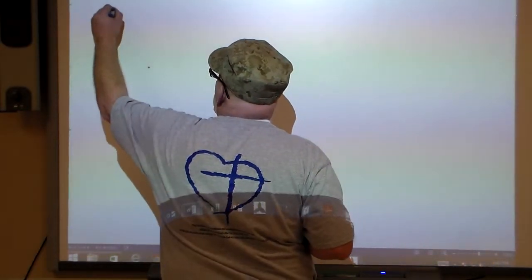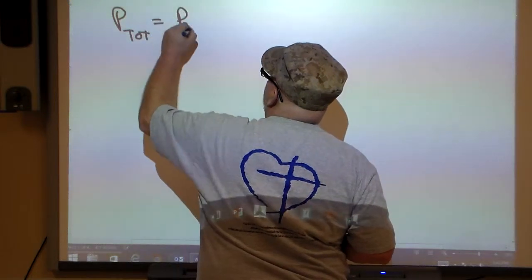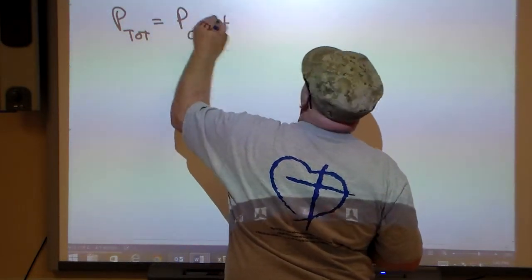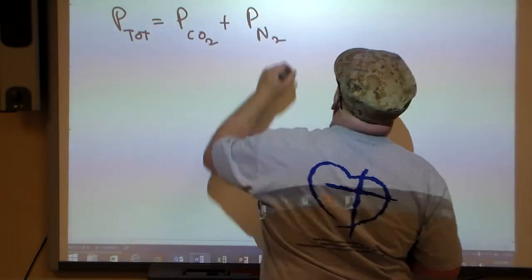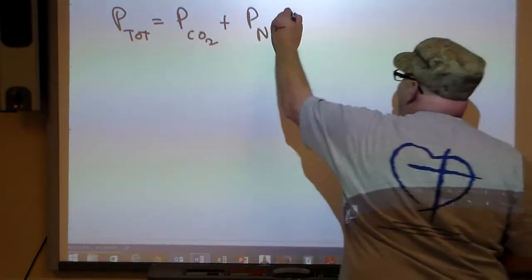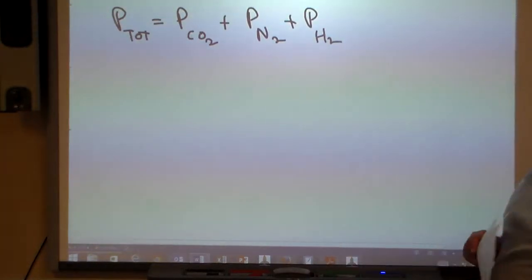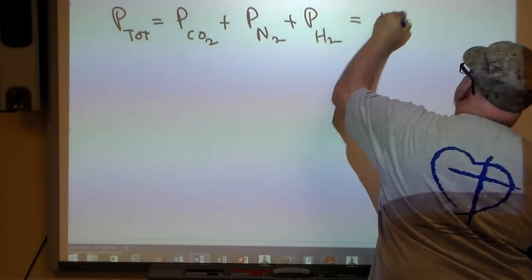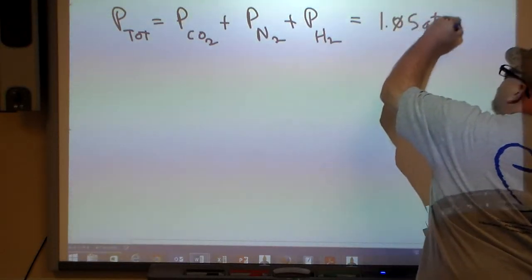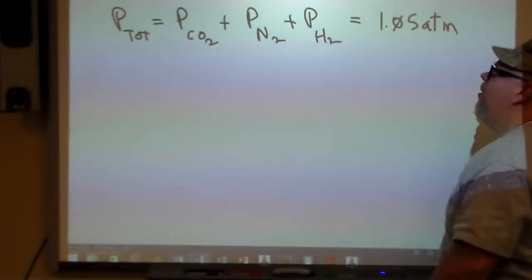Well, we know that the total pressure is equal to the partial pressure of the carbon dioxide and the partial pressure of nitrogen gas and the partial pressure of the hydrogen gas. That's what we have, which is equal to 1.05 atmosphere total.